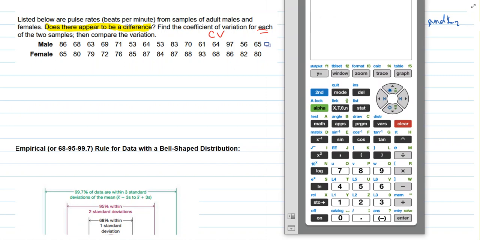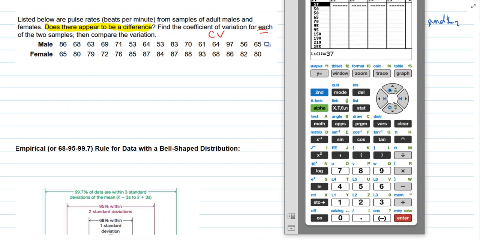Okay, here we go. We're going to go to our stats, our edit. Okay, we're going to up arrow, clear enter, and make sure that line 2 is clear. We're going to make line 1 the male. And so I'm going to enter the data, and you do so as well.